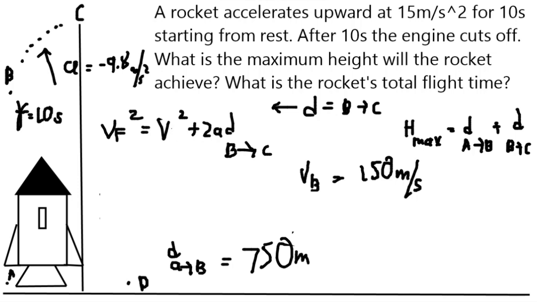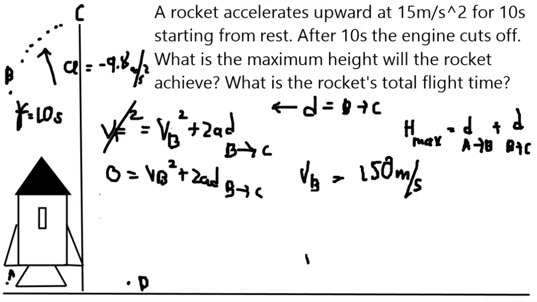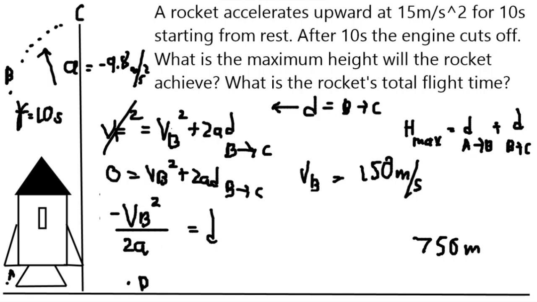The V initial now is going to be the final velocity after the engine cuts off, and the final velocity, V sub C, is going to be 0, because we're not going to have any velocity at point C. Now we're going to manipulate this equation and solve for the distance from B to C.